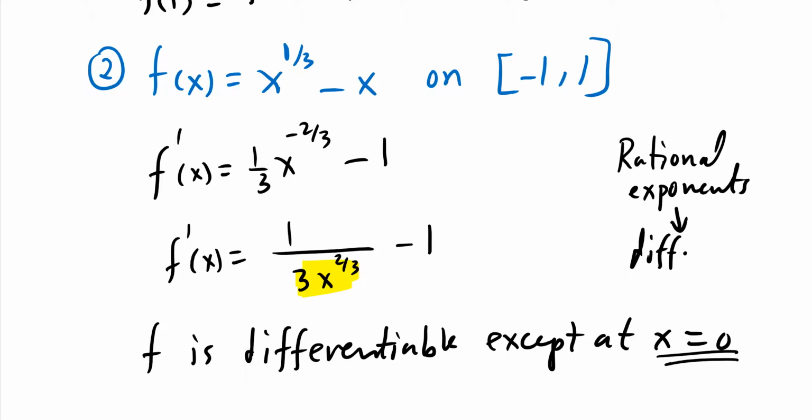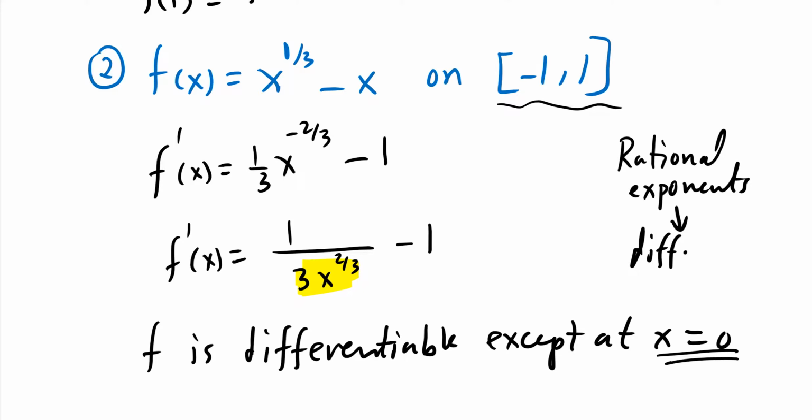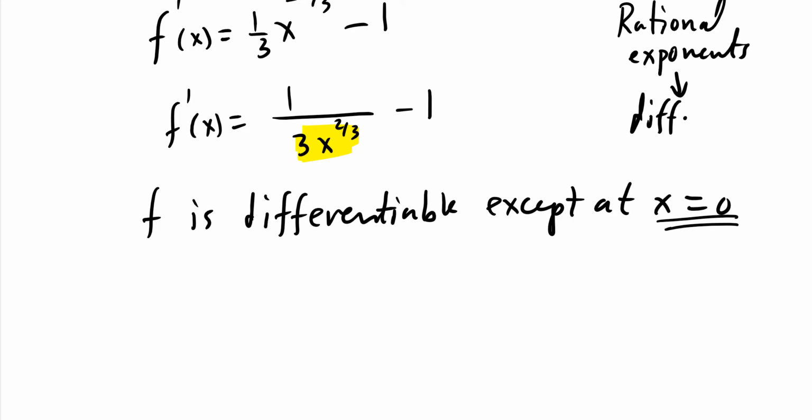And notice 0 is in the interval -1 to 1. When we say a function is differentiable from -1 to 1, it means it's differentiable at every single point in that interval. But 0 is within that interval and it's not differentiable at 0. So the function fails the differentiability condition. That's why Rolle's theorem cannot be applied.